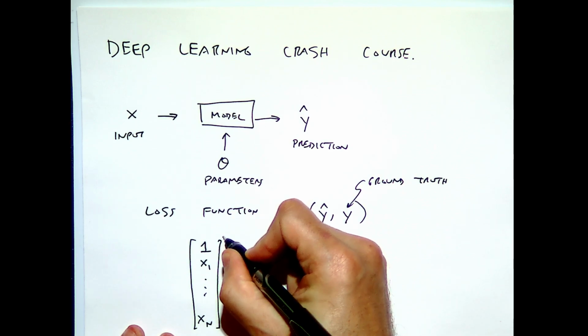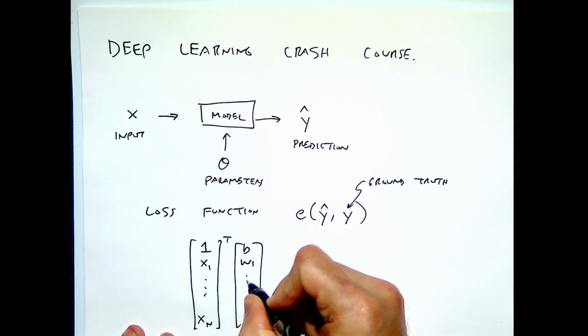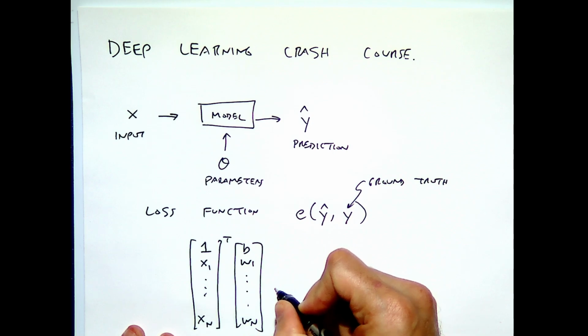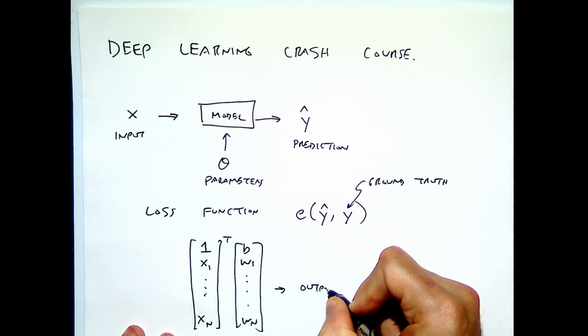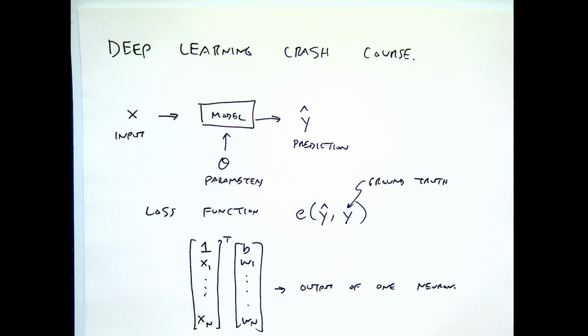I dot product this vector with a bias and a bunch of weights, and that gives me the output of one neuron, basically, right? And we talked about how the big picture goal is to use some sort of gradient descent. Gradient descent is the way we numerically optimize this function, because analytically, taking the derivative and setting it equal to 0 is not really possible to do, right?